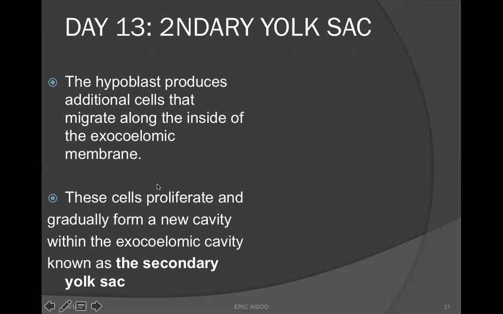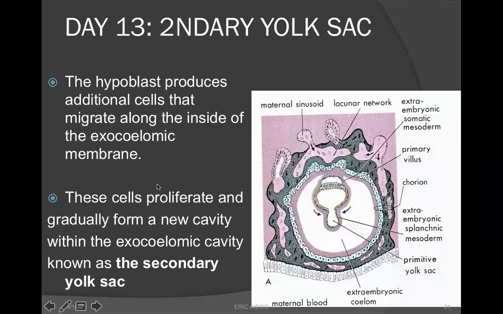The hypoblast produces additional cells that migrate along the inside of the exocoelomic membrane. These cells proliferate and gradually form a new cavity within the exocoelomic cavity known as the secondary yolk sac. So like I said, the primary yolk sac will be converted into secondary yolk sac.